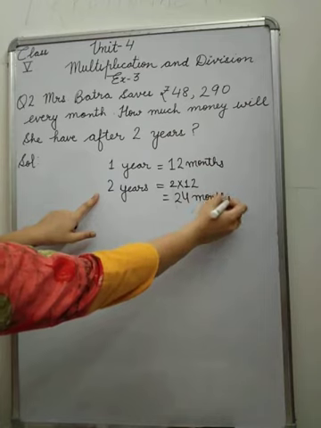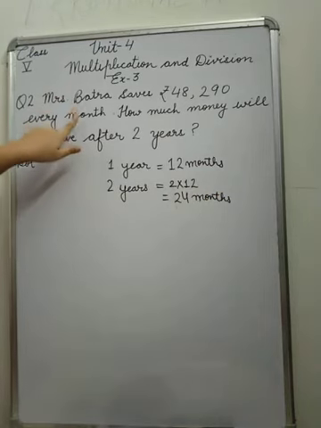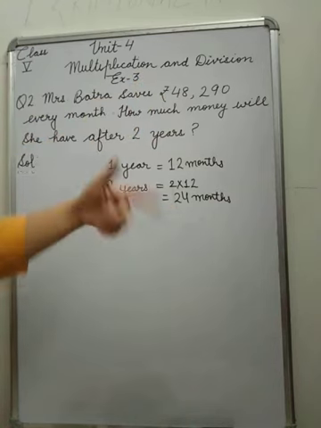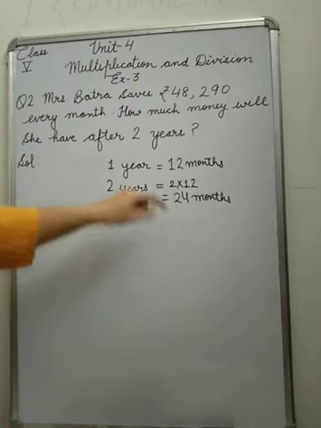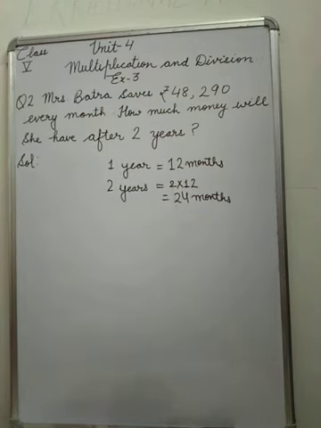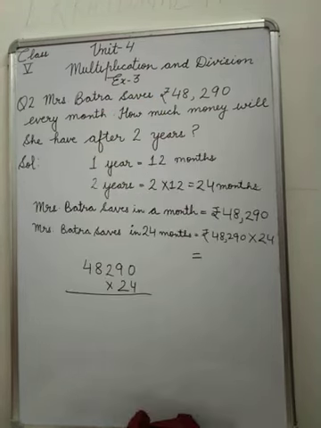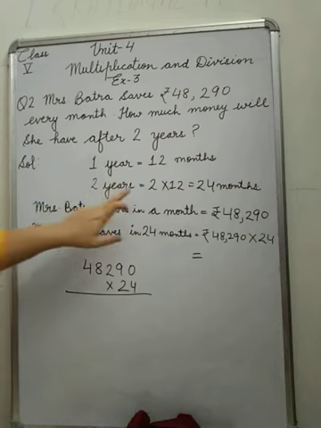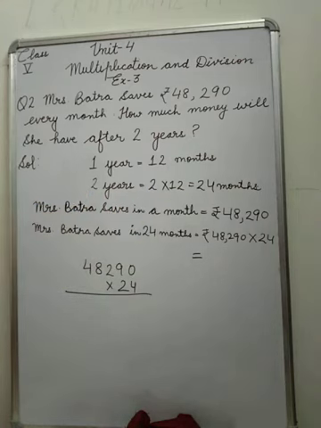Now see the next. In 1 month that much amount is saved, so in 24 months how much amount will she save? 24 multiplied by this number. Now see how you write it. 1 year has 12 months, 2 years how many months? 2 into 12, that means 24 months.